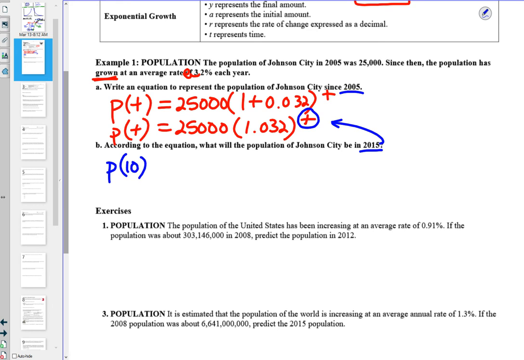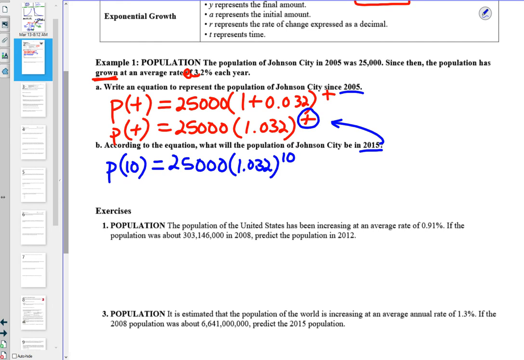So the population after 10 years is equal to 25,000 times 1.032 to the power of 10. Normally I'm big on steps and showing one step at a time, but there's so much usage of decimals in these types of problems that I would just advise you to put the whole thing in the calculator at once.